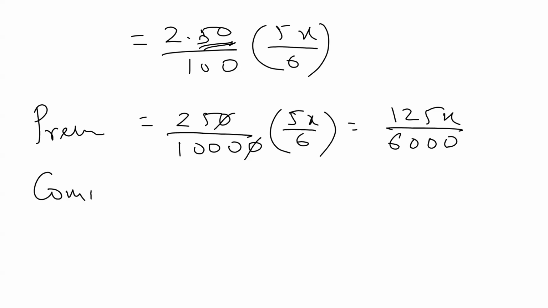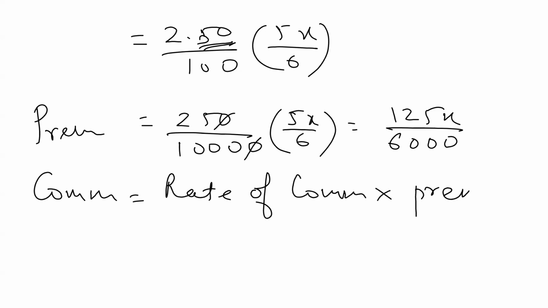Commission is equal to rate of commission into premium. The commission paid to the agent was 2812.50. The rate of commission is 7.5%, into premium. Premium is 125x by 6000.